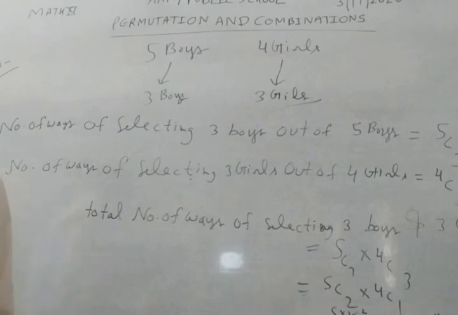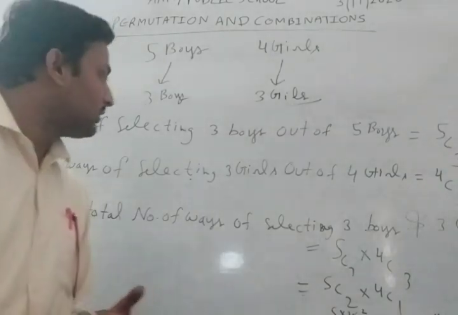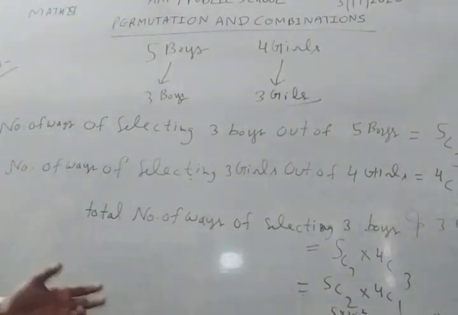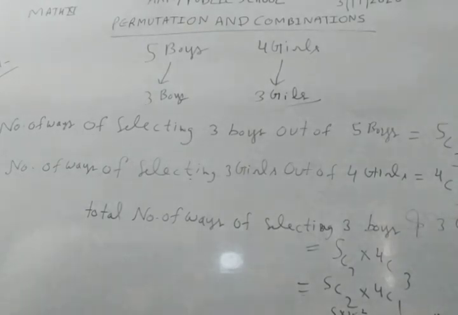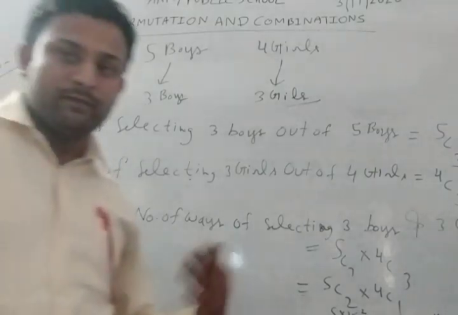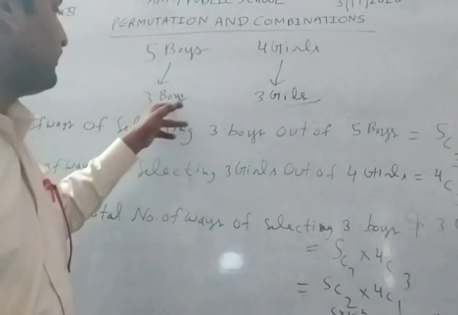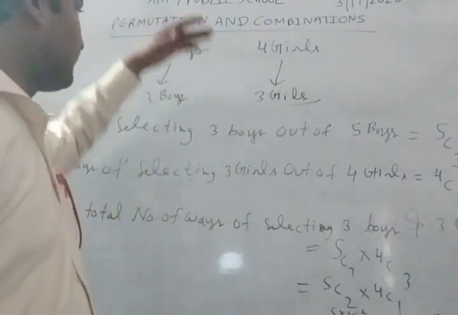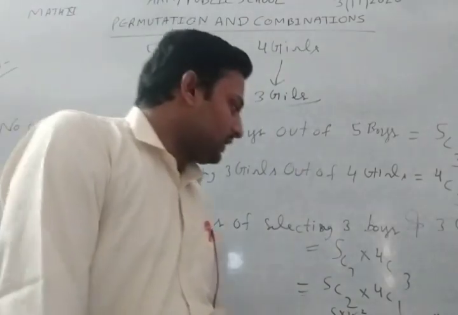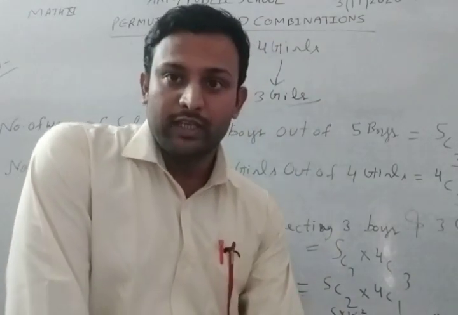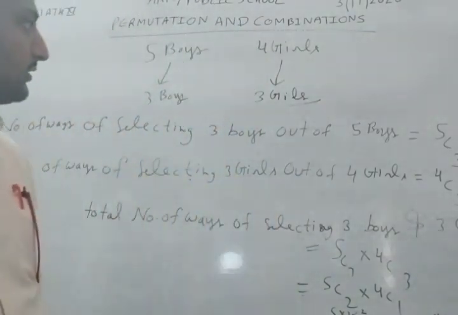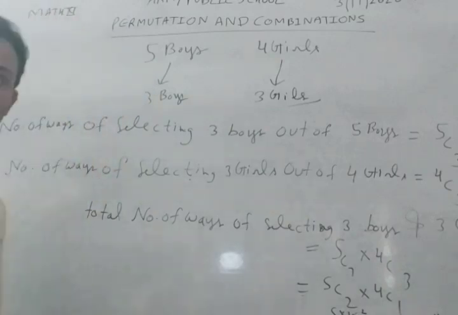So there are 40 ways of selecting a team. In how many ways can a team of 3 boys and 3 girls be selected? The total number of ways is 40 ways, in which the 3 boys and 3 girls will be selected from 5 boys and 4 girls.